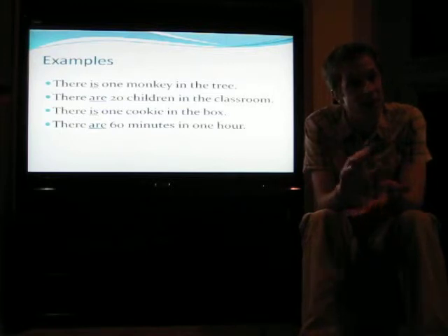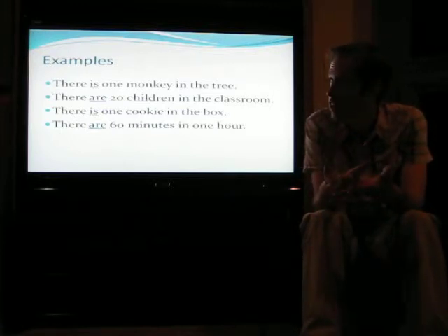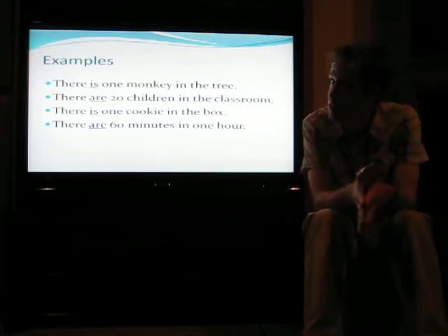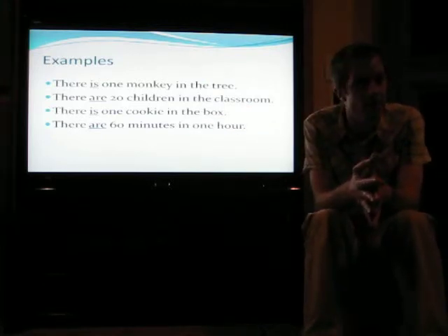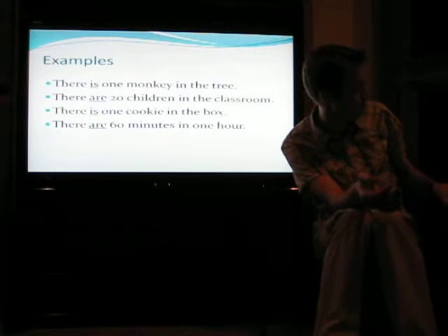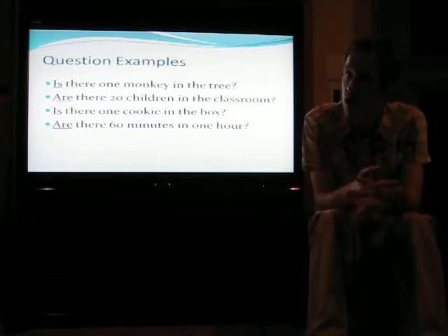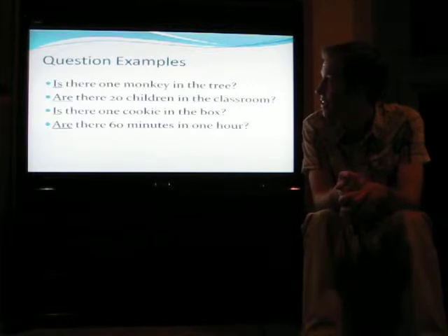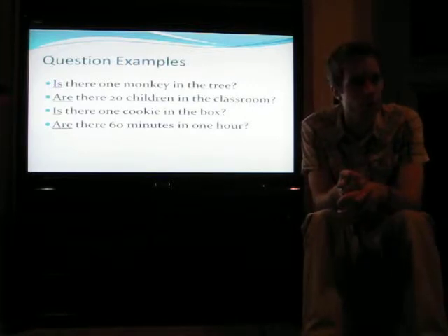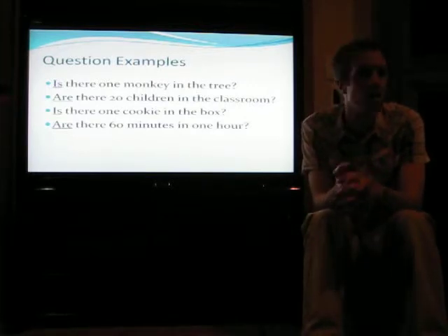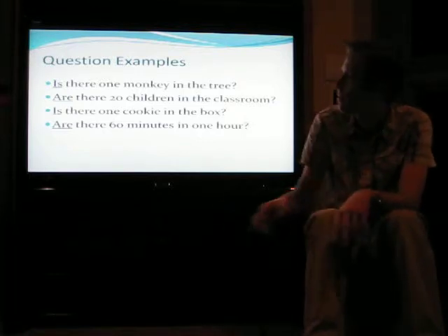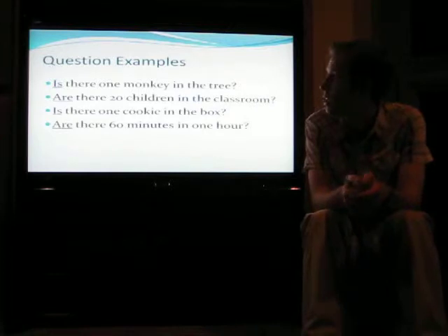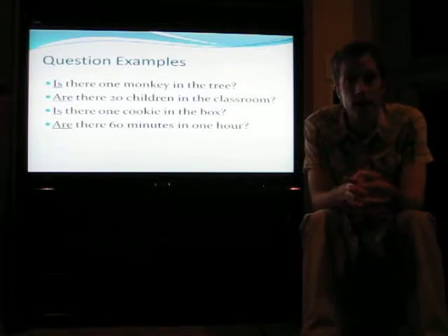Now let's look at these same examples in questions. How do we make these questions with there is and there are? All we do is switch around there is and there are to is there and are there. So now example 1 becomes, is there one monkey in the tree?